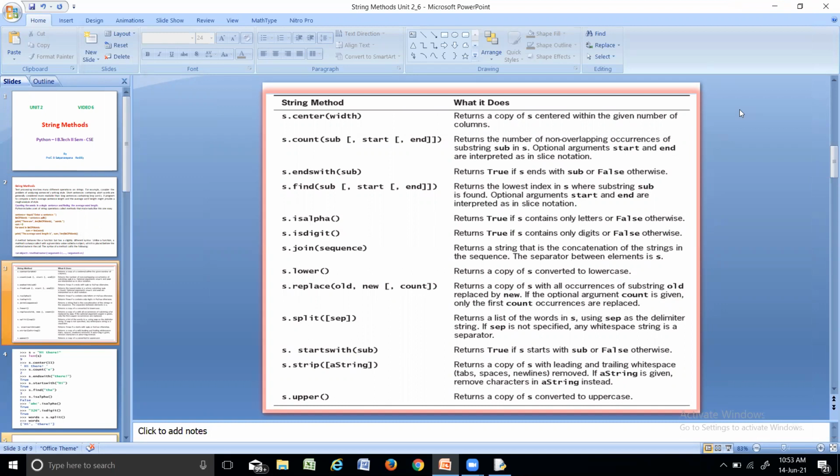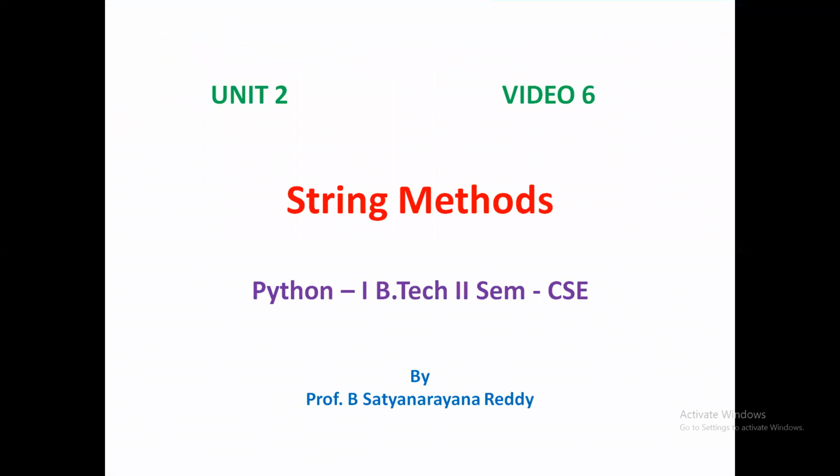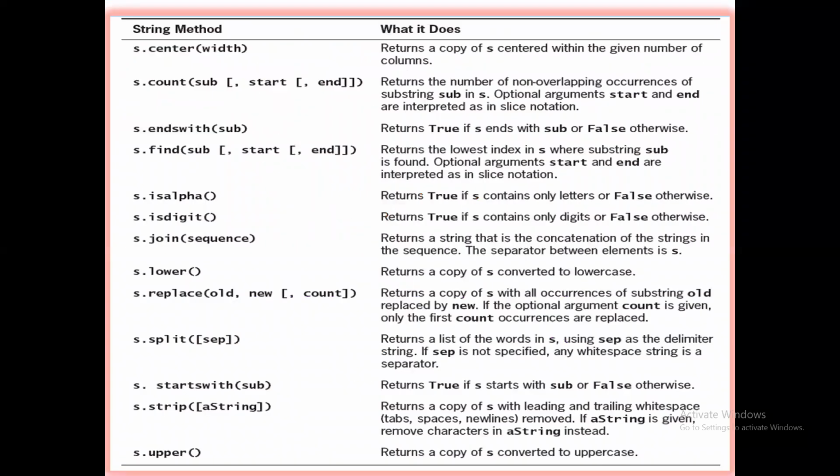Okay. The second function is count. So s dot count of the parameter that you need to specify is any substring. This method looks for this particular substring you are sending as parameter, and it returns the number of non-overlapping occurrences.